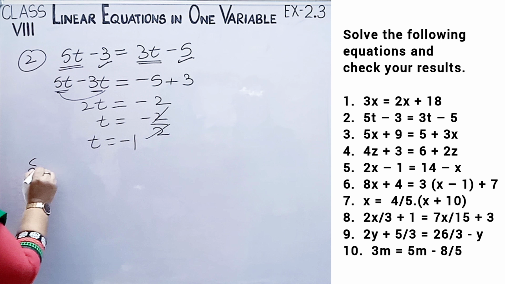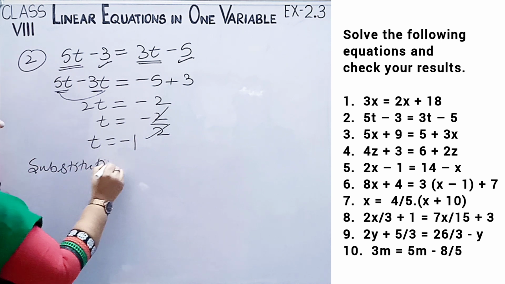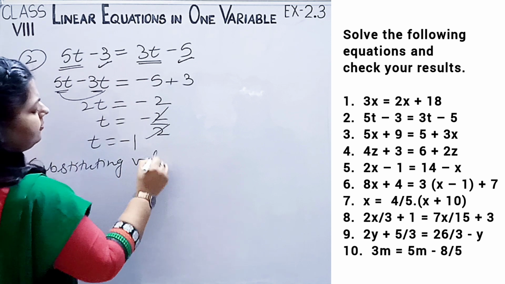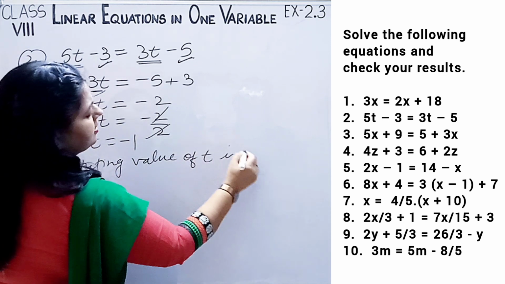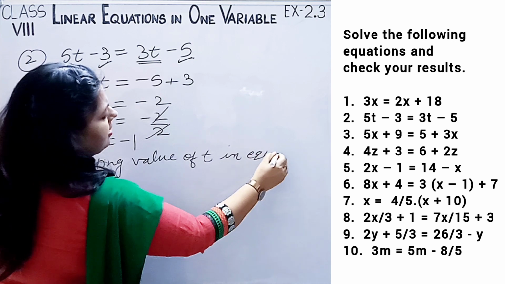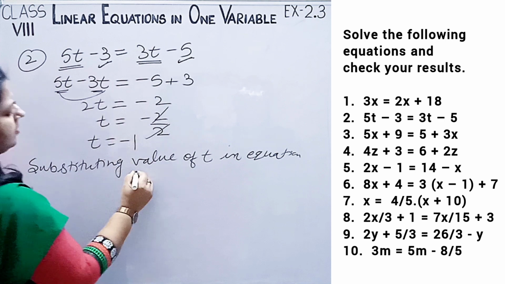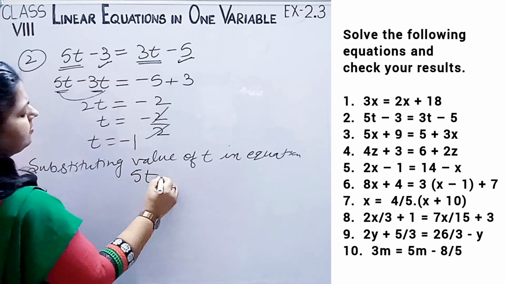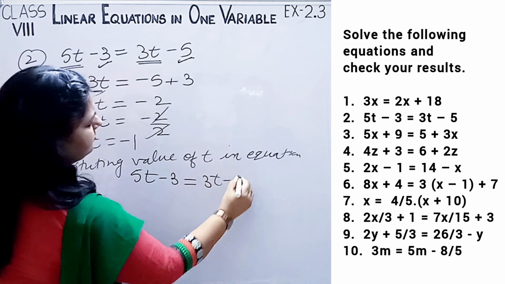Now substituting the value of t in the equation. And our equation is 5t minus 3 equal to 3t minus 5.